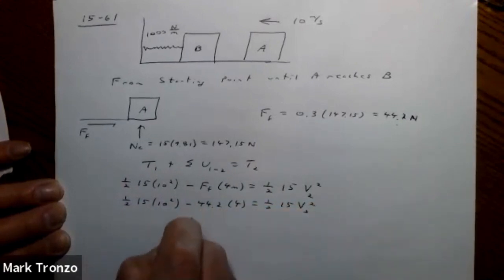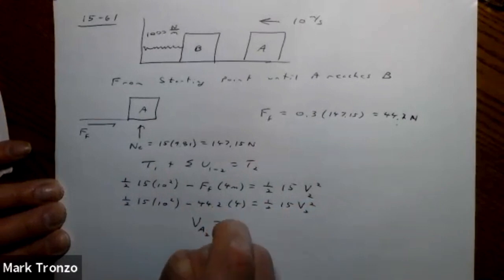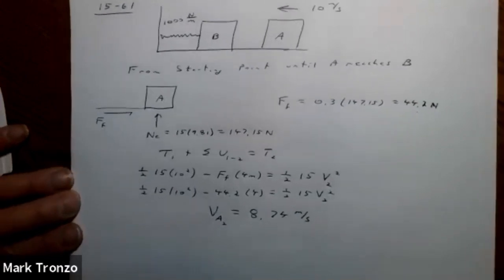And you put that on your calculator, you'll get that the velocity of block A is going to be 8.74 meters per second when it reaches B.